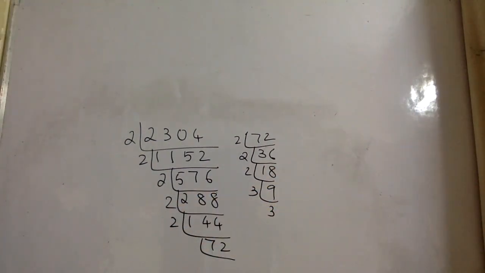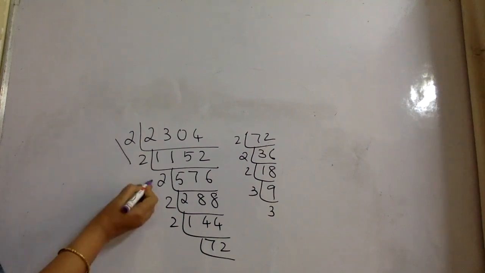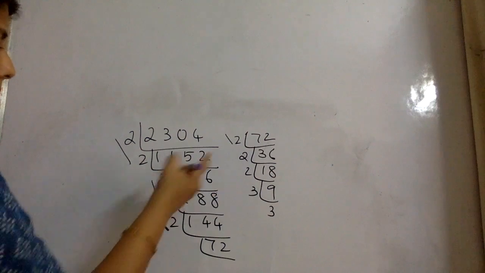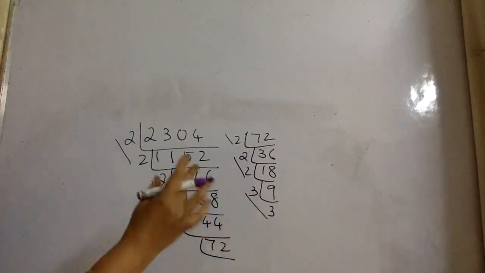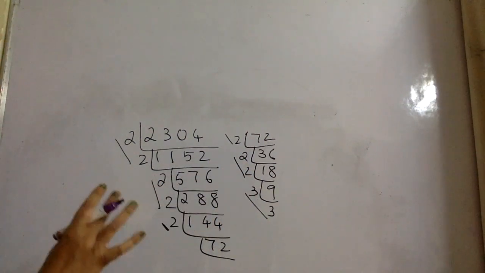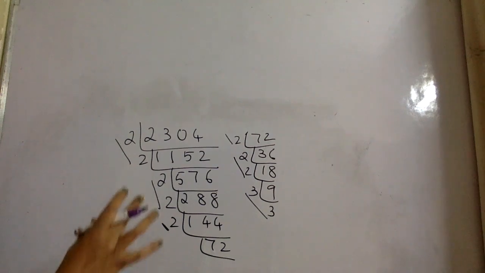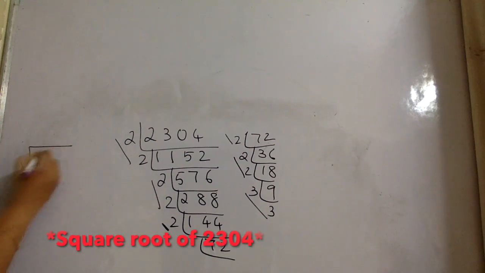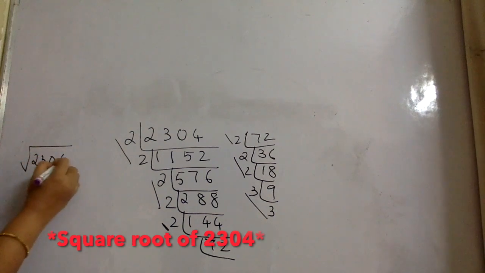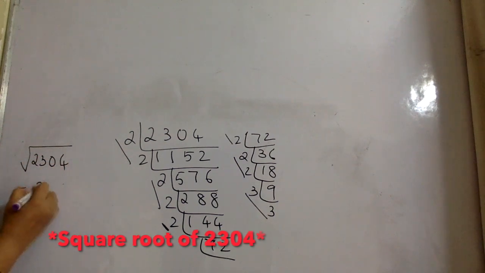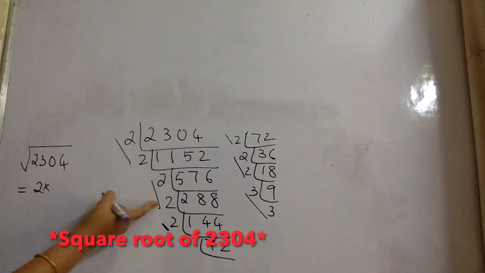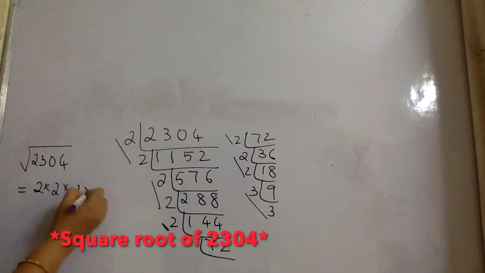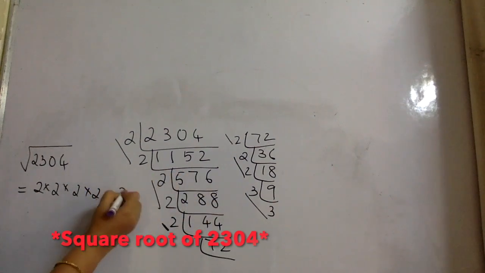Now what you have to check here is, are the 2's coming in pairs or not? Okay, 1 here and 1. These two make a pair, 1 pair, and see, everything has come in pairs. So more or less I can assume that the sum is going correct. Now what to do? Here I shall be writing cube root of 2304, and that is 1 2 from this pair, 1 2 from this pair, 1 2 from here, 1 2 from here, and 1 3 from here.